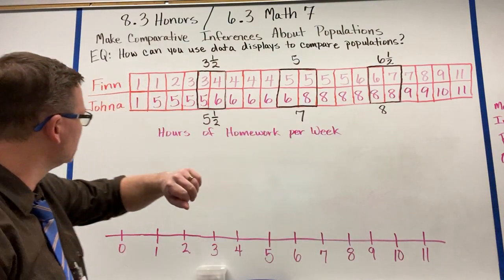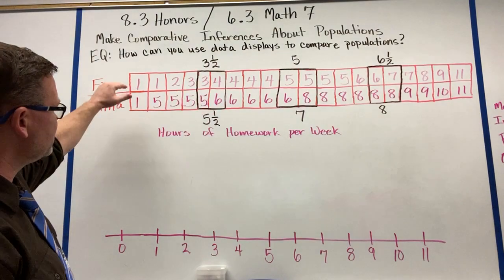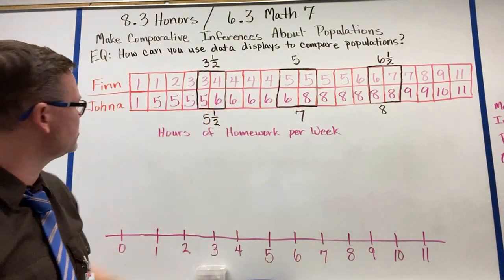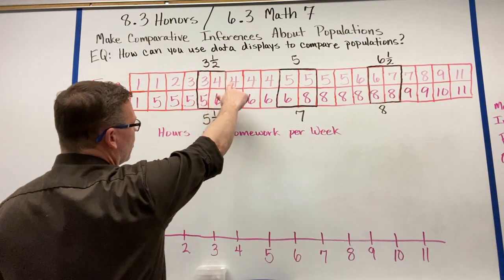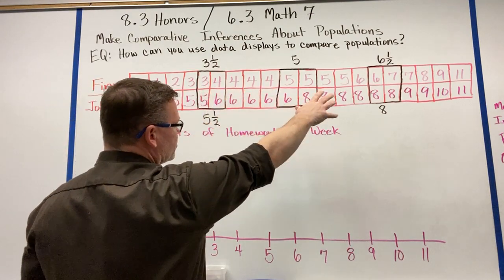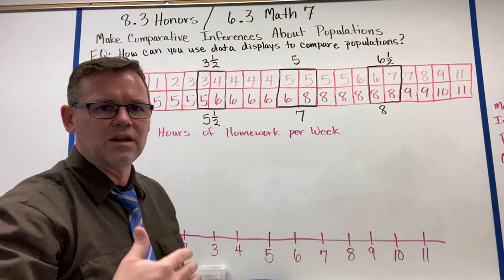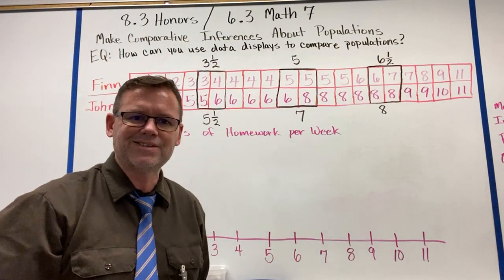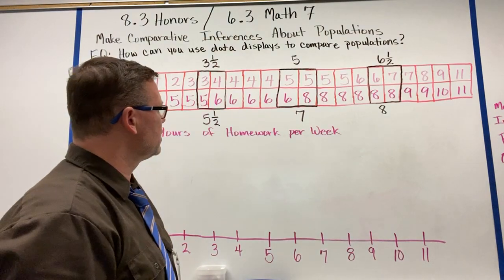Okay, guys? Now, if you notice, Finn talked to these 20 different students, and I set these all up in order. So Finn's got 1, 2, 3 hours, 3 hours, 4 hours, 4 hours, 4 hours, 4 hours. Obviously, they didn't come in that order, but I put them in order so we could see where the median score is. Okay?